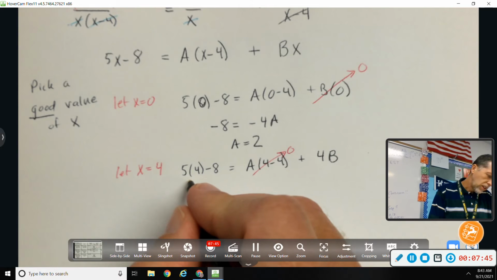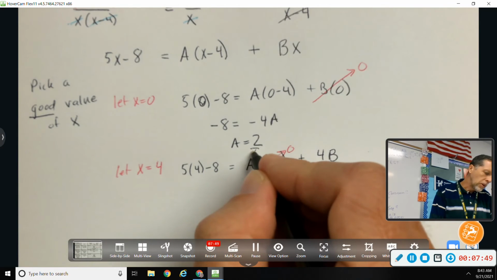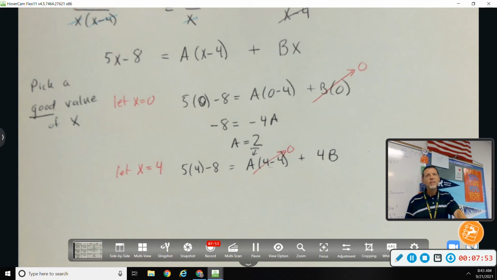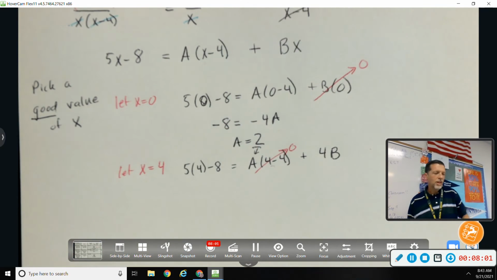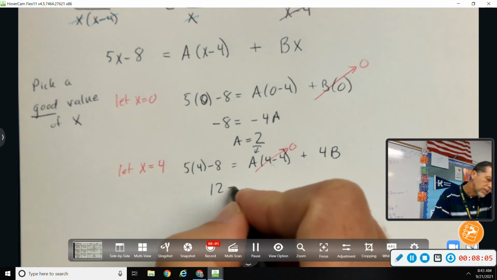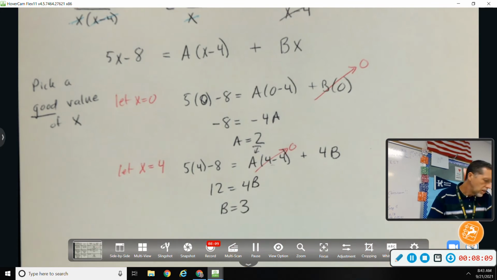Oh, a is 2. I guess we know that now, but it doesn't matter because 4 minus 4 is 0. There are more complicated versions of this where you have to carry that a equals 2, but we're not doing them. Let's see. 20 minus 8 would be 12. So b is 3.